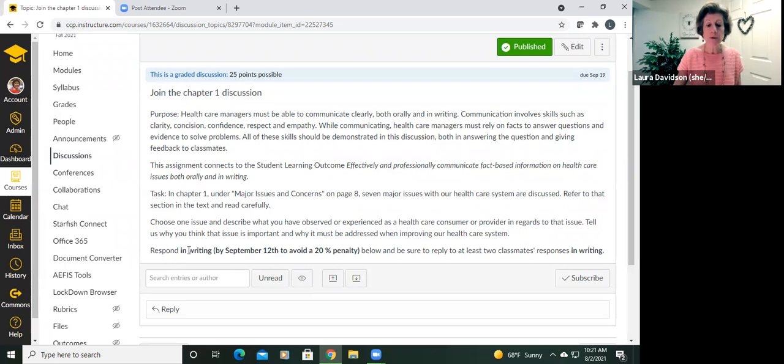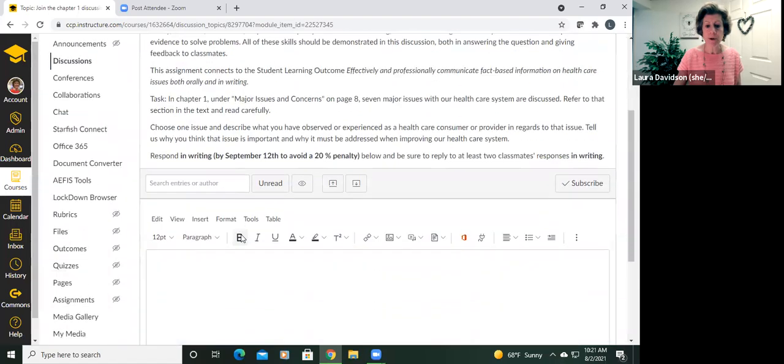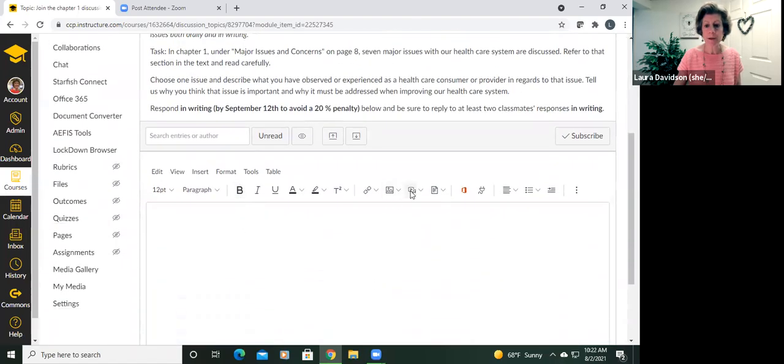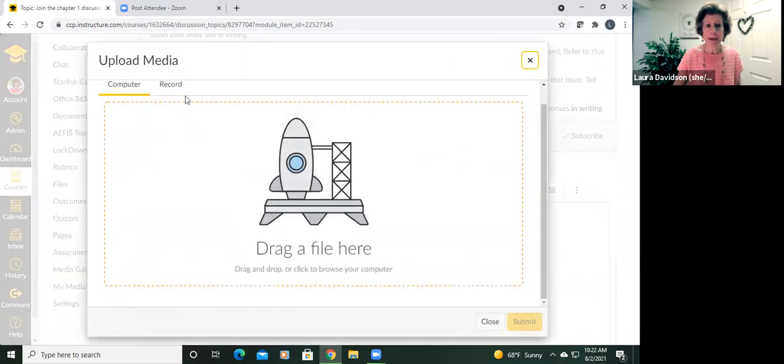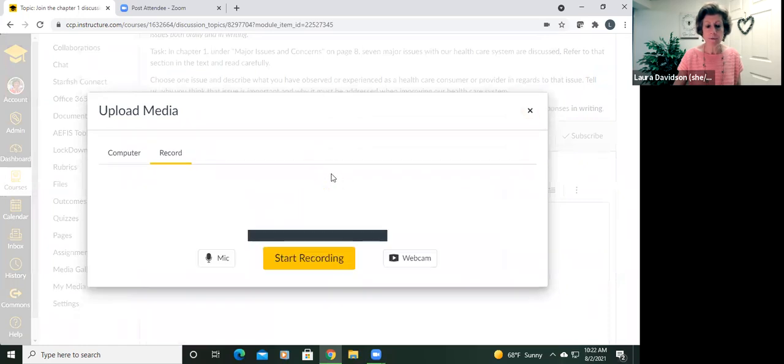So you need to note this one is in writing, but for those that are oral, you can use this little tool here, and you can actually record right from your computer, either mic only or mic with video, and you get a nice recording.